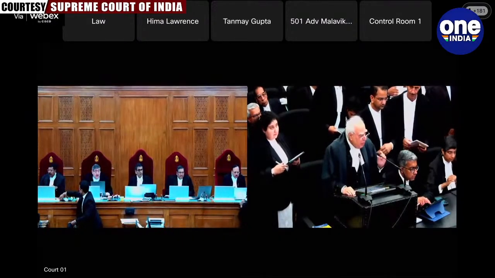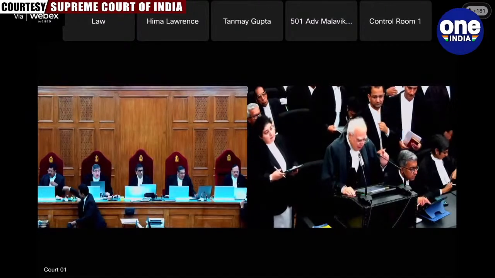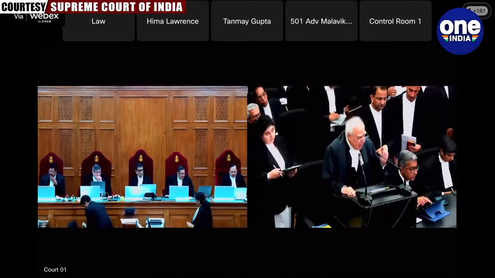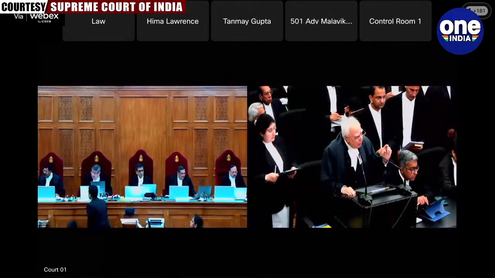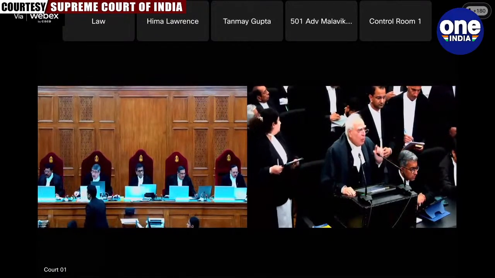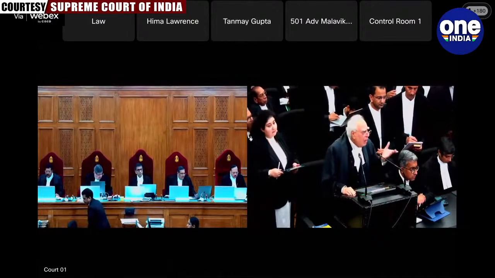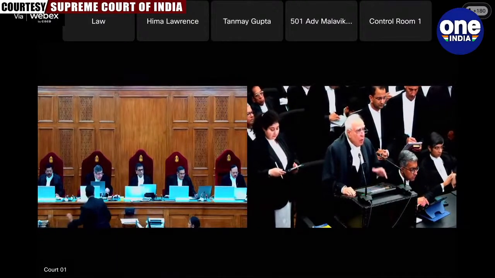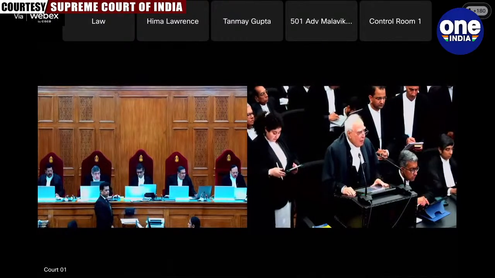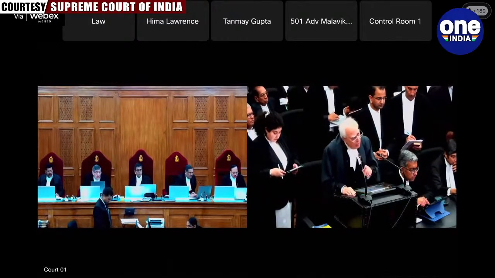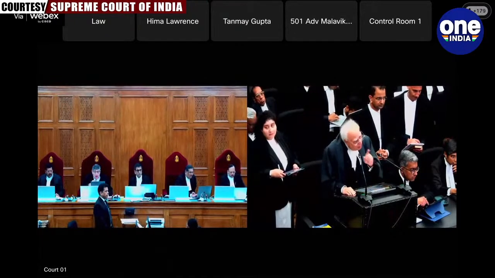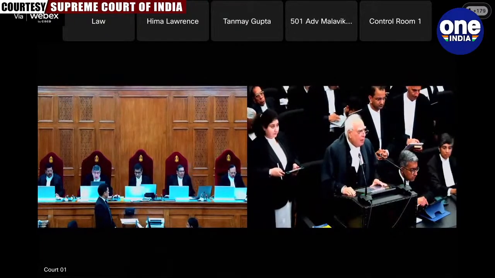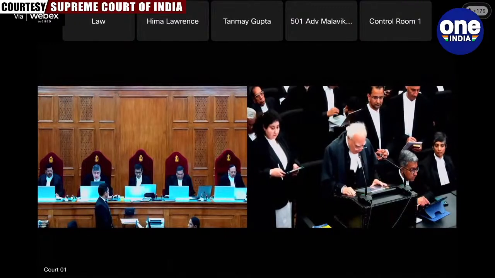Let me preface my submission by saying this: there were substantive provisions of the Constitution of India that were to be made applicable to Jammu and Kashmir, the directive principles of state policy, or even 356. These were all done through the application order. So that's the power under D, with concurrence.